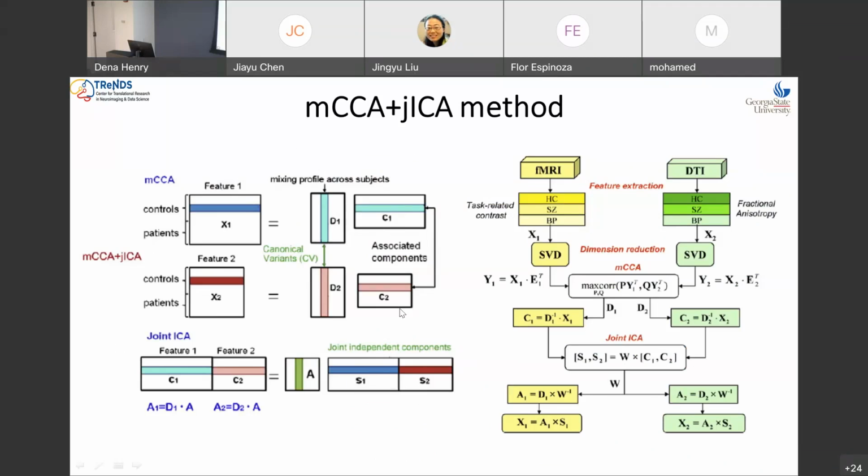You can concatenate these associated components and then apply joint ICA to them to maximize the independence across these joint components. That adds an additional constraint of independence. So your data will not only have maximized correlations, they are also required to show maximal independence across these joint components. This additional constraint helps address the overfitting issue.